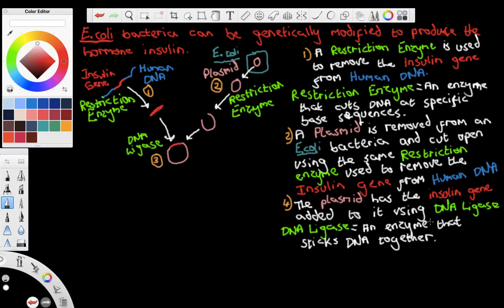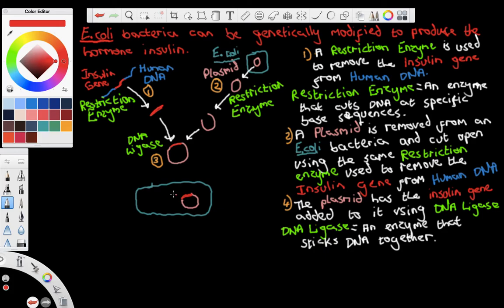Okay, so it's an enzyme that sticks DNA together. What then happens is that we put this plasmid into an E. coli bacteria, like so.